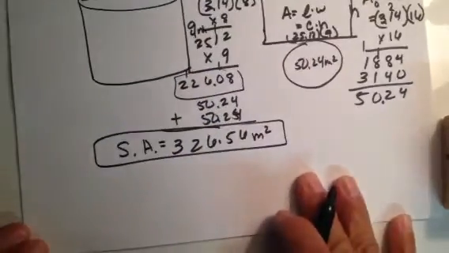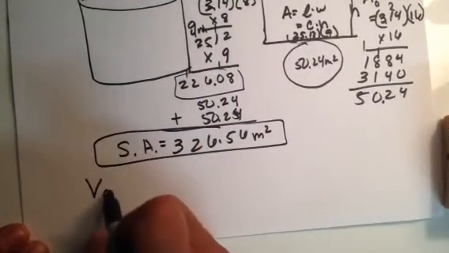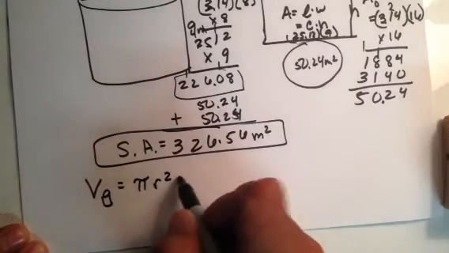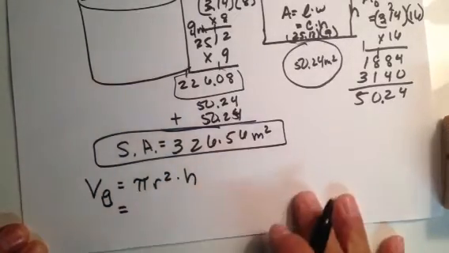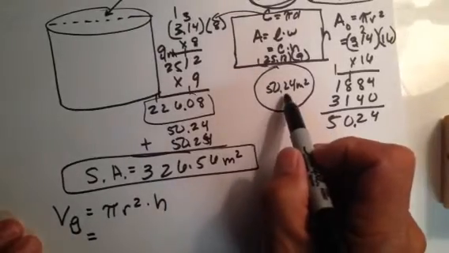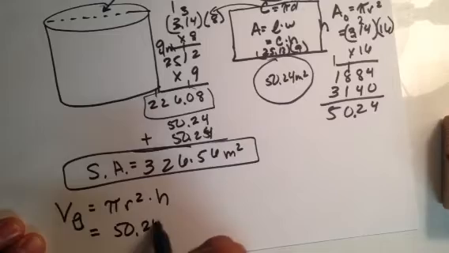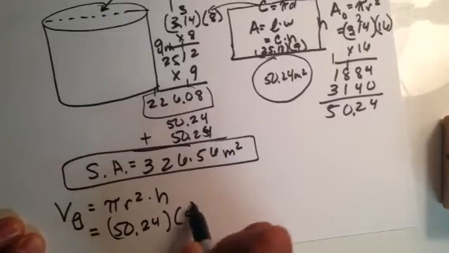Right, now for the volume. The volume of a cylinder is equal to pi r squared times h. We already did pi r squared right there. Okay, so that's going to be 50.24 times the height, which is 9.